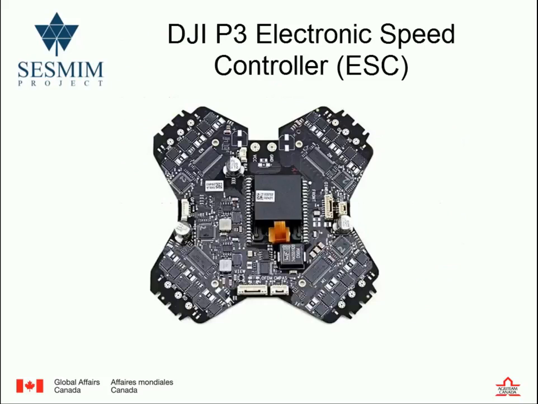Okay, so this is basically the brains of your DJI Phantom. You can call this the motherboard, and it contains a board for your GPS, a board for your inertial measurement unit, etc. Sensors, everything is on this board. The good news and bad news is that if you crash your drone and bust your board, you can replace it.